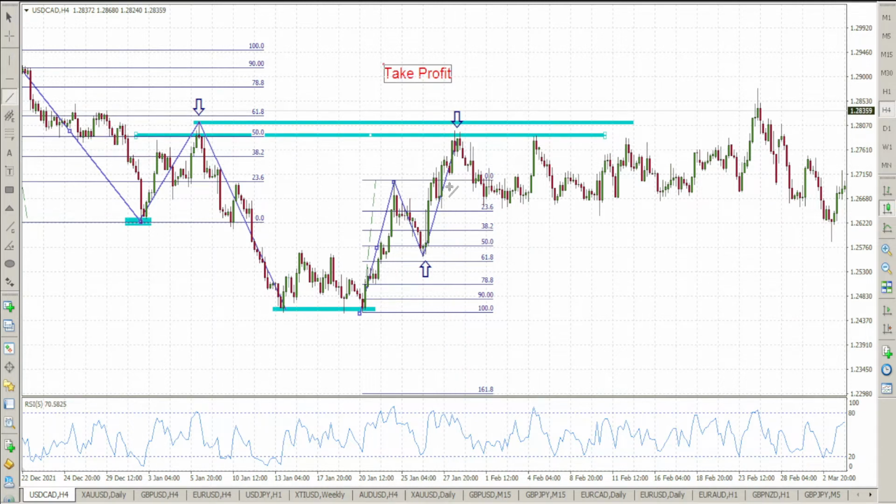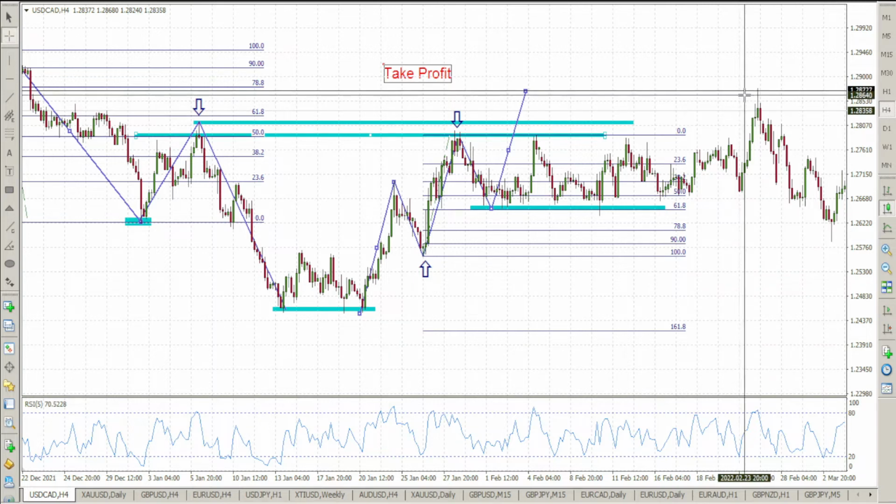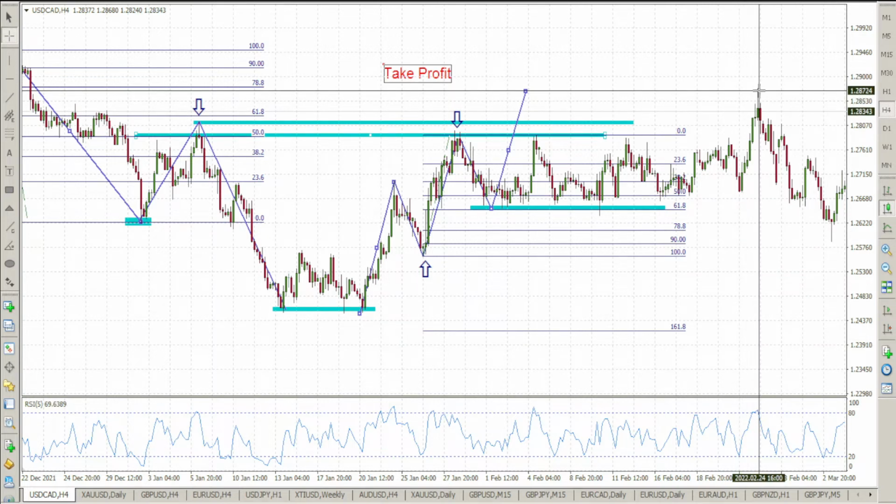Here if you see, down really again, and now let's see, we have another Fibonacci zone right here. Have a look at it. 61.8. Since this market ranged here for a while, but still this ABCD pattern was completed, because have a look at it. Where is it pointing? It's pointing up there. Now see, look at this one, 1.28724.